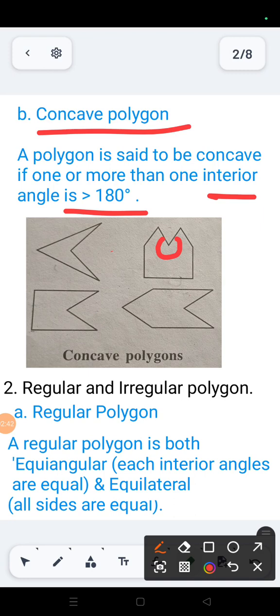So you are seeing that in this, the angle is greater than 180 degree. Similarly, in this figure, this interior angle is greater than 180 degree, or we can say there is a reflex angle. So in this concave polygon, one or more interior angles should be reflex angle.